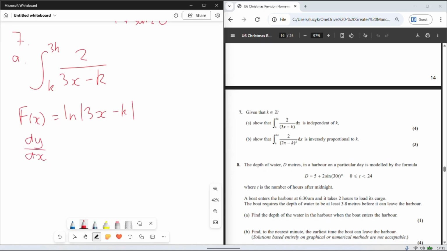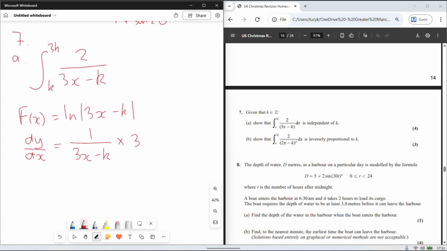I don't think it will be because we've got a 2 there and we don't have it in the other thing. So we know that when we differentiate the natural log, it becomes 1 over that, and then we have to multiply it by the bit within the function differentiated, so that will become a 3, won't it, because the k will disappear.